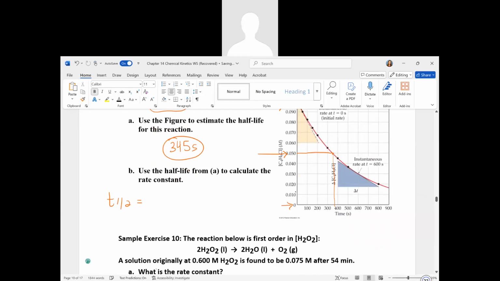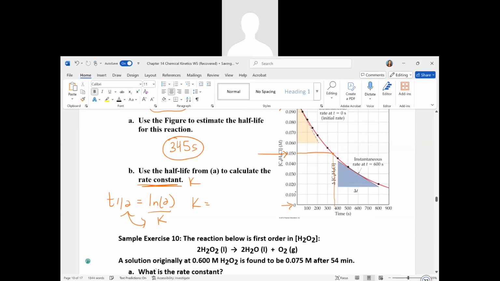value for t. We know that t 1/2 is the natural log of 2 over k, and we want to solve for the rate constant, our k value. So we're going to rearrange this equation: multiply both sides by k, divide by t 1/2.